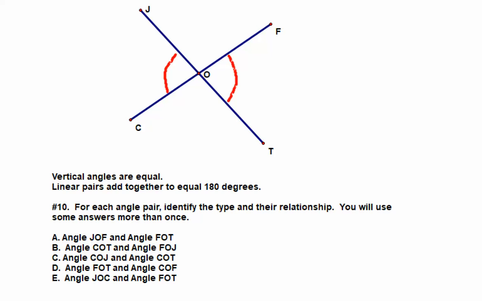They are equal to each other. Linear pairs are angles that are next to each other, and their bottoms form a straight line. In the drawing, angle COJ and angle JOF are a linear pair. They add together to equal 180 degrees.